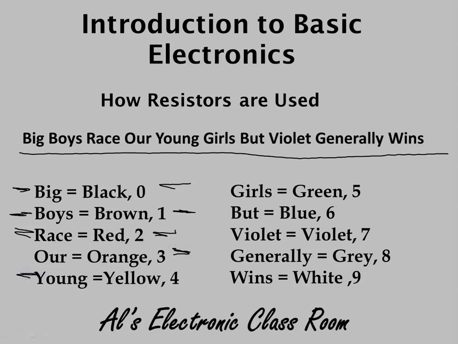Young represents yellow, and that's the number 4. Girls represents green, and that's 5. But represents blue, and that's 6. Violet is violet, and that represents 7. And generally equals gray, and that's 8. Wins equals white, and that's 9.